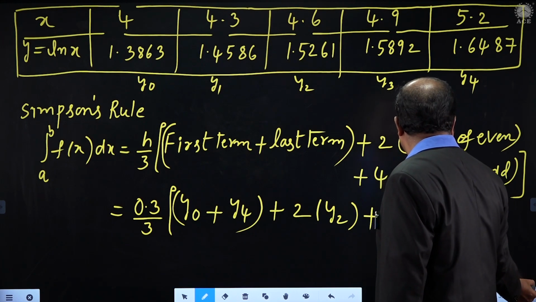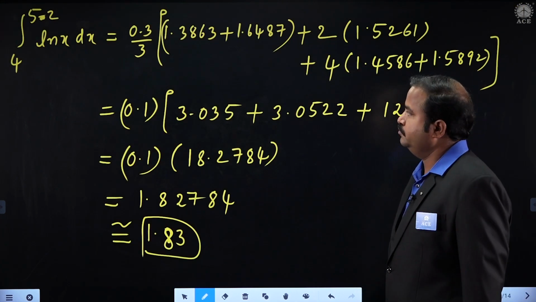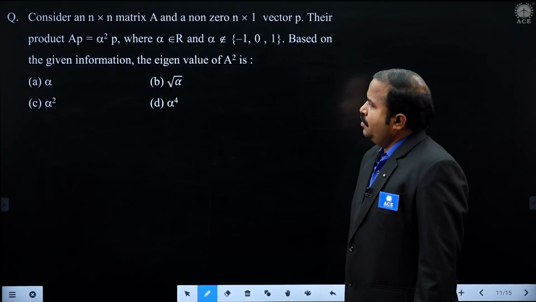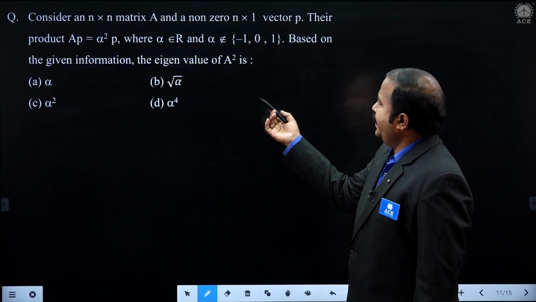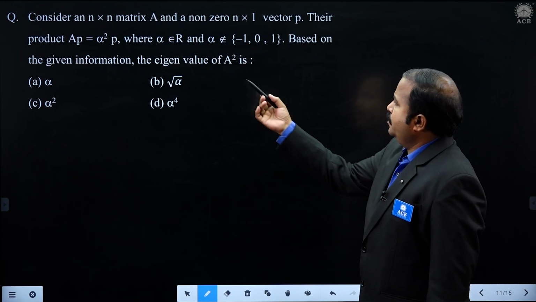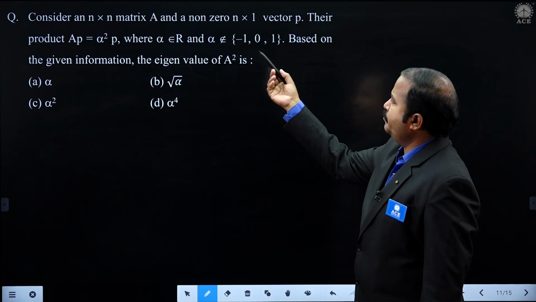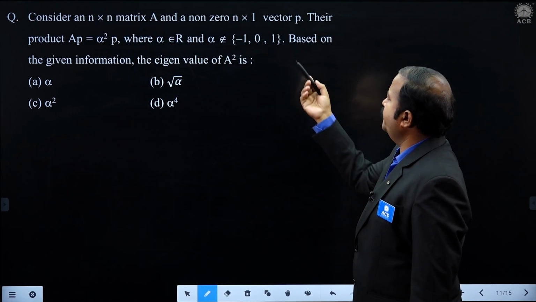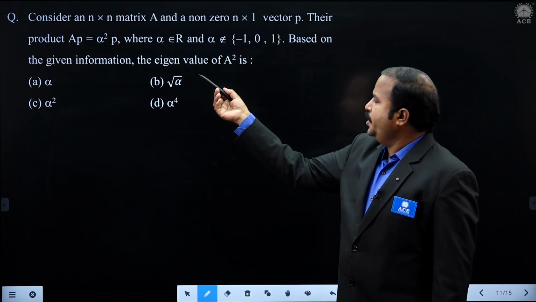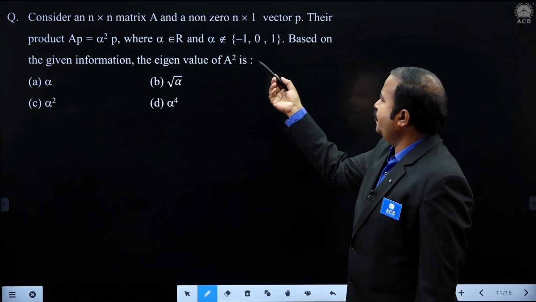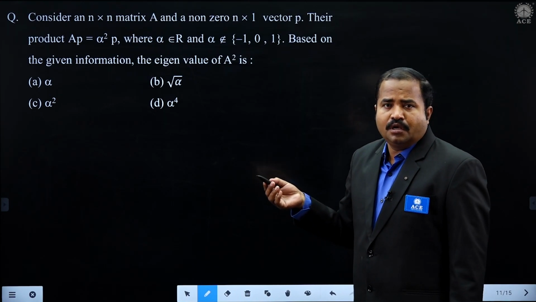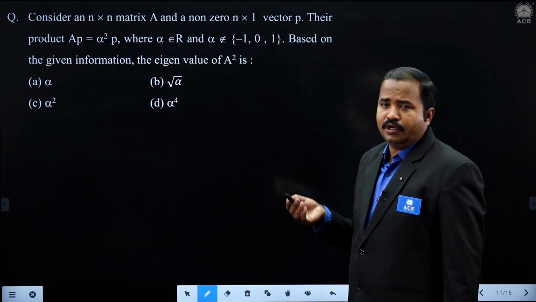Look at the slides. Look at the question. This is from linear algebra, eigenvalues and eigenvectors. The question is: consider an n by n matrix A and a non-zero n by 1 vector P. Their product AP equals alpha square P, where alpha belongs to real numbers and alpha is not equal to -1, 0 or 1.